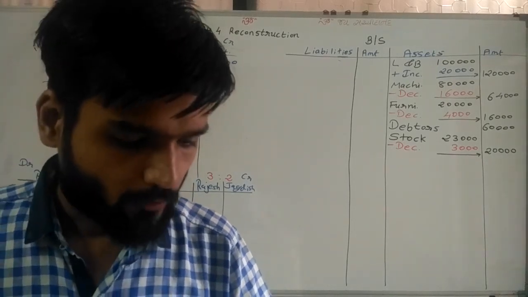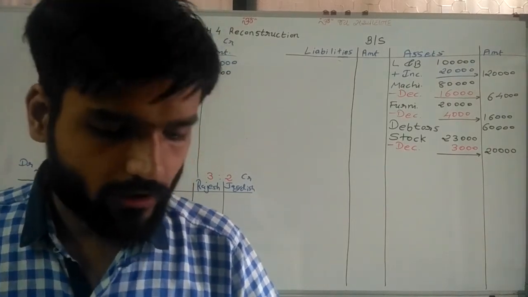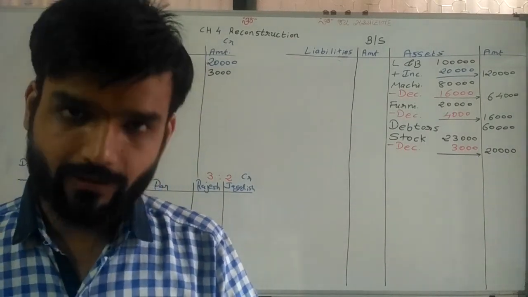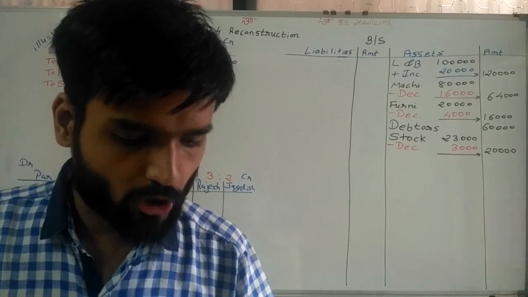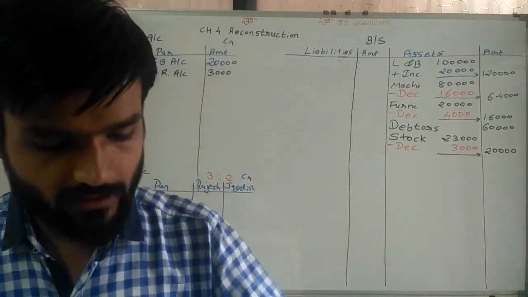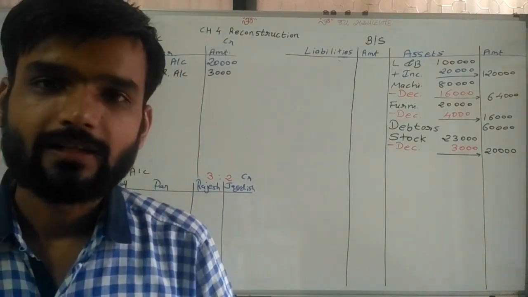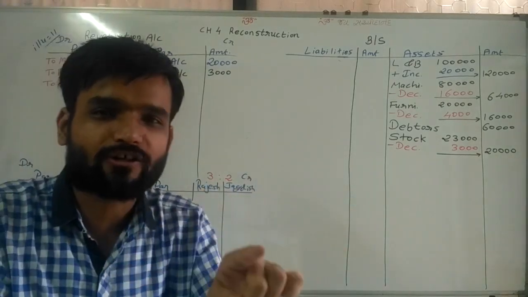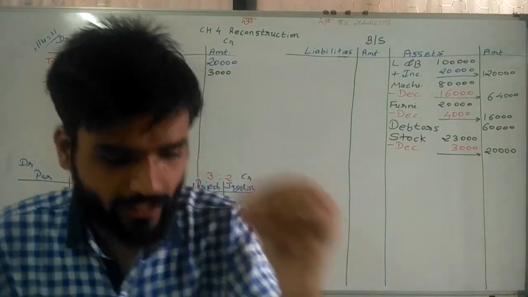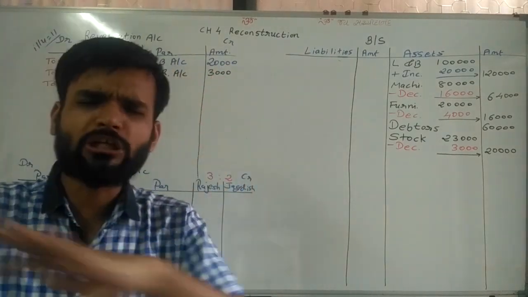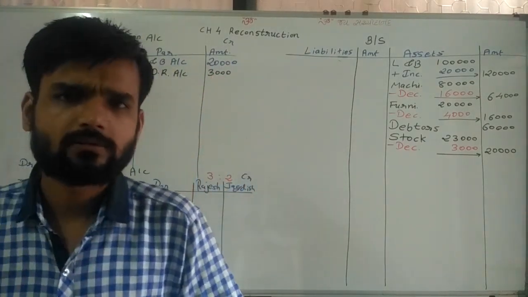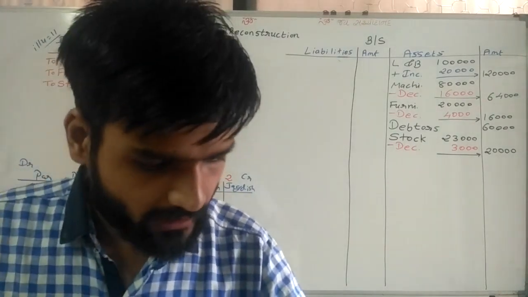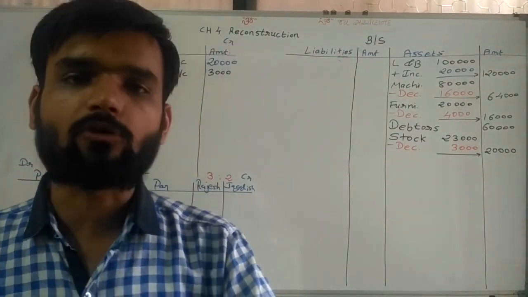Again, sir, we are reading the next question. Amount of 5,000 among creditors is now not to be paid, which is to be recorded. It means, sir, now creditors are not paid and that amount is 5,000 rupees. Now we don't need to pay 5,000 to creditors. Now how much is given for creditors in the old balance sheet? Sir, in creditors 95,000 rupees is given.